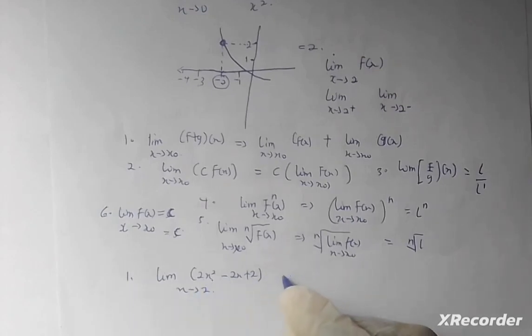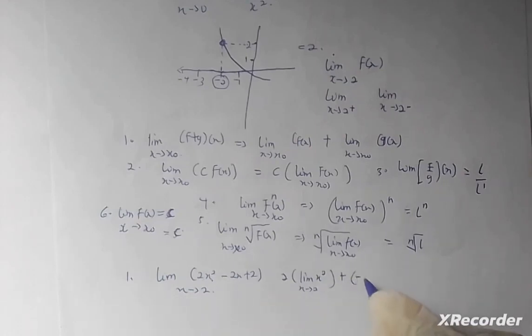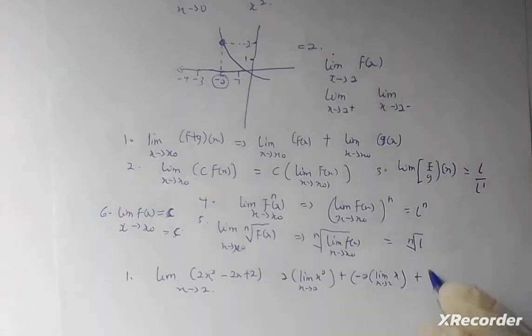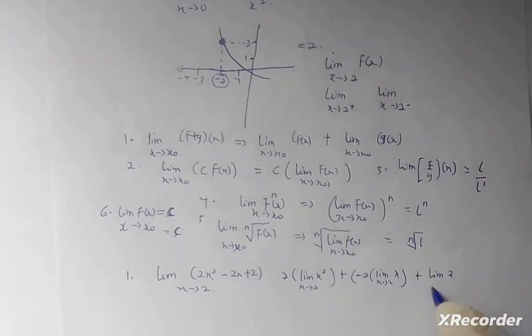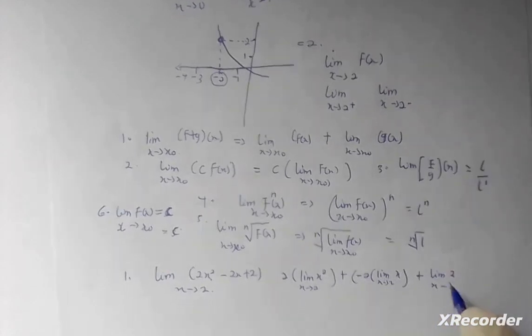So I'm going to get 2 open brackets limit of x squared as x approaches 2 alone, plus, then I come here, this is minus, so minus 2 open brackets limit as x approaches 2 of x, then plus limit of 2 as x approaches 2.